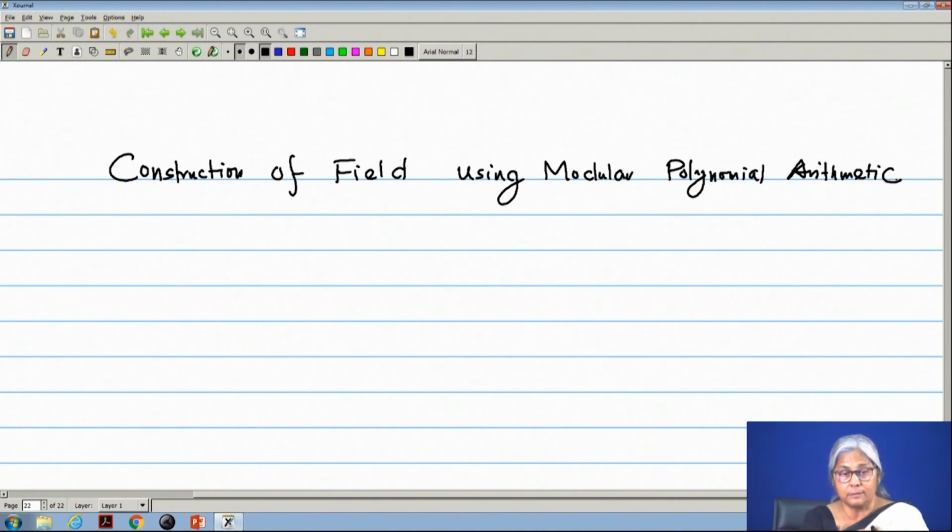With this we finish the finite field lectures, and with this finite field lecture our discrete mathematics class also ends here.